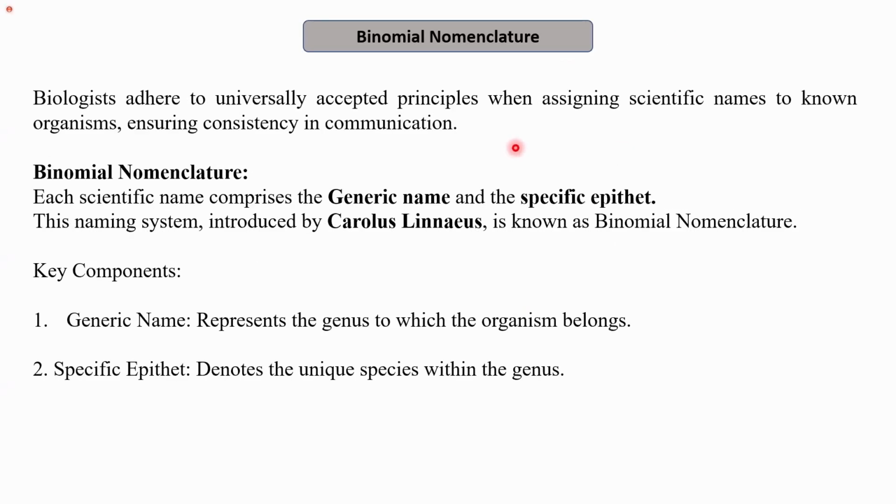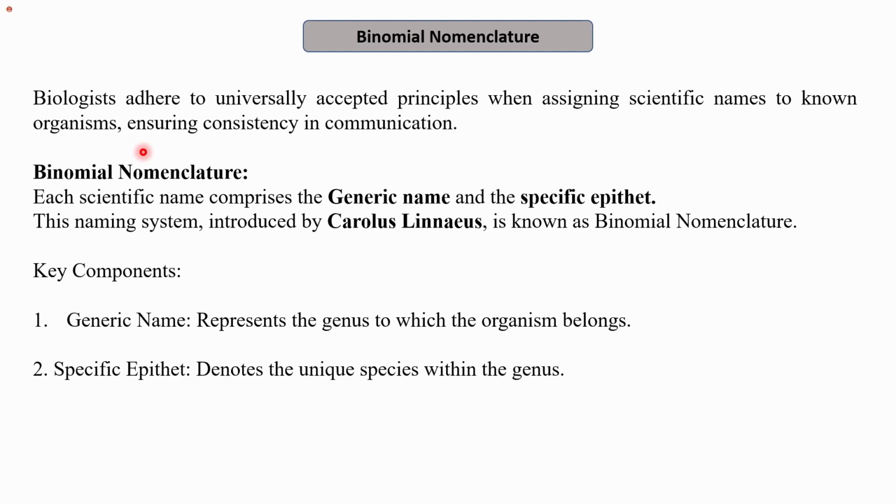So what are the principles of binomial nomenclature? All the biologists adhere to the universally accepted principles when assigning scientific names to known organisms. Suppose today I identify an organism and I have to name it, then I have to follow certain rules and regulations to name that organism.